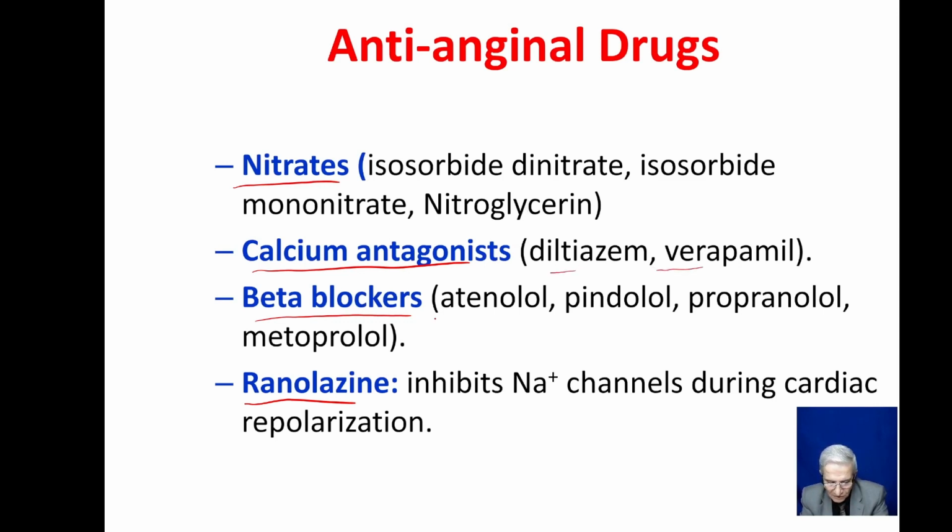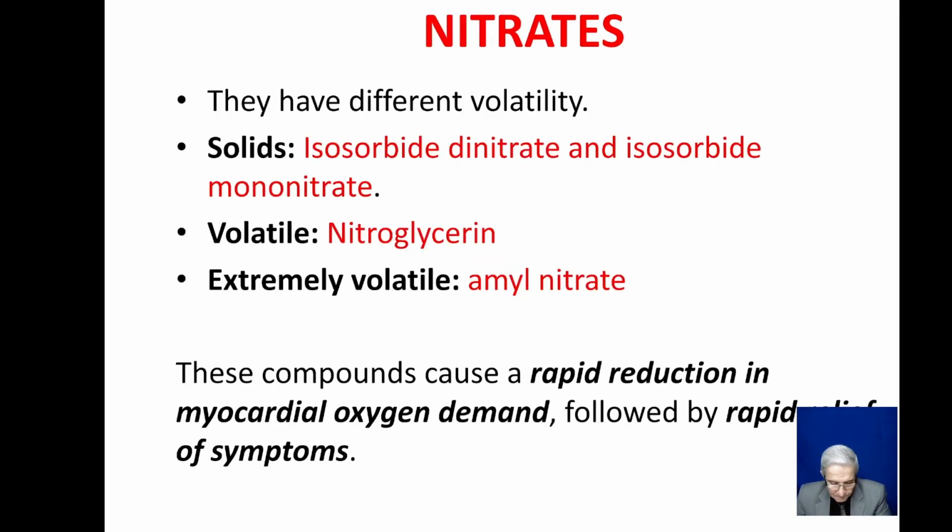For beta blockers, we have atenolol, propranolol, metoprolol, and so on. We are going to discuss that in the next slides. The fourth group and last medication is ranolazine, which inhibits the sodium channel during cardiac repolarization. So we have four groups of medication used for angina.